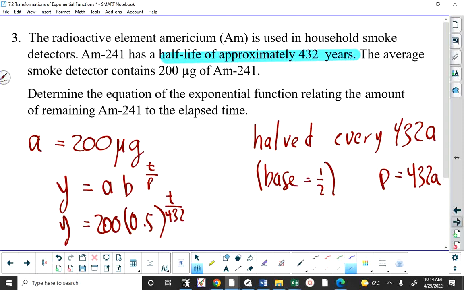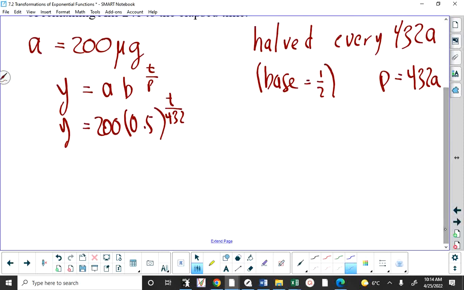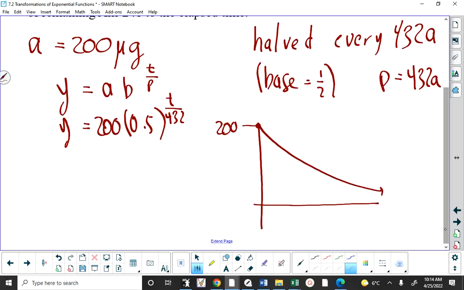What you would have to do is use your graphing calculator to find the point of intersection. And that would be the answer to the question. By the way, it would be a large number of years because the half-life is so big.